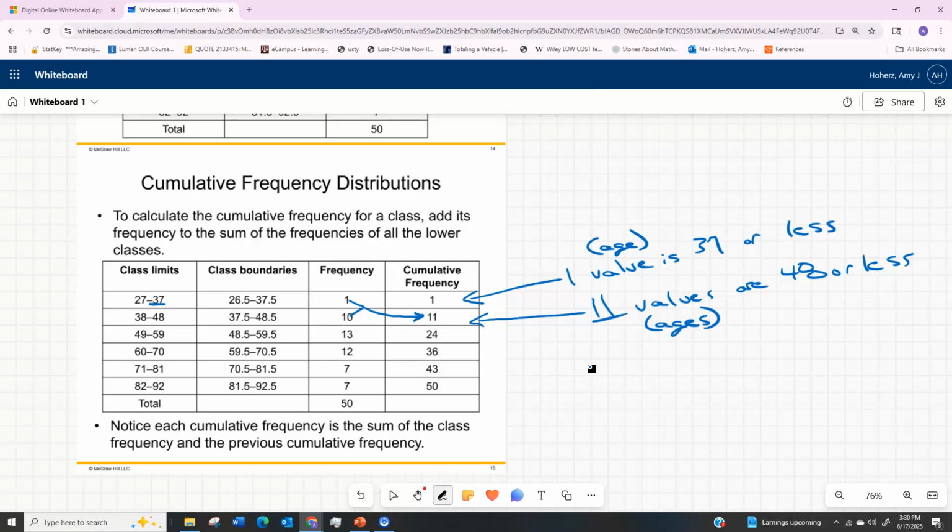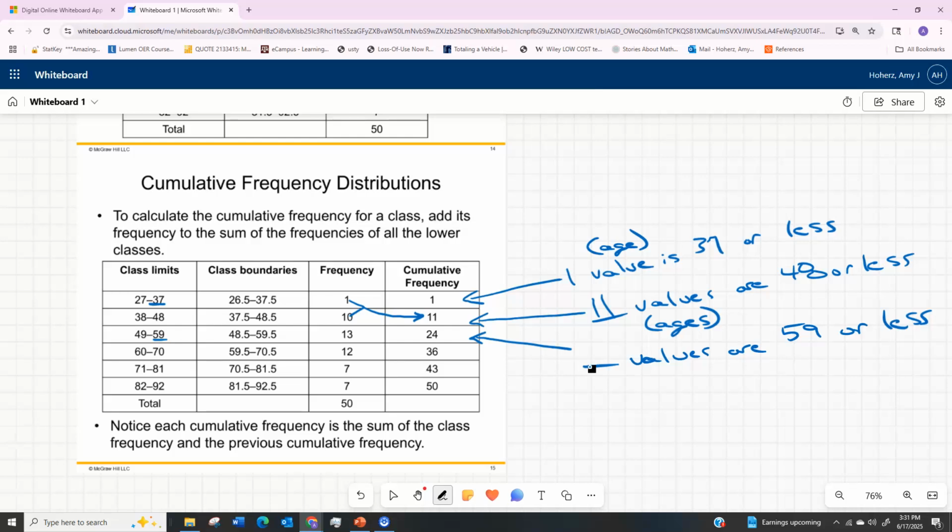Then we do the same thing. This number that we want to write here is how many values are, what do we have here? 59 or less. So we look at this category, which has 13 in it, but then we also look at the 10 and the 11.